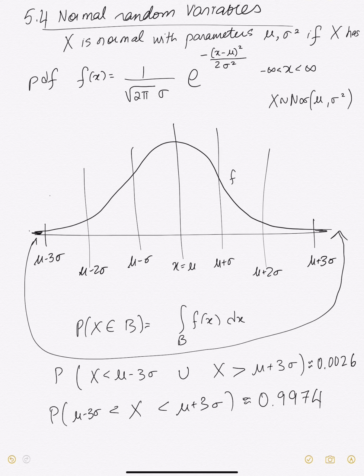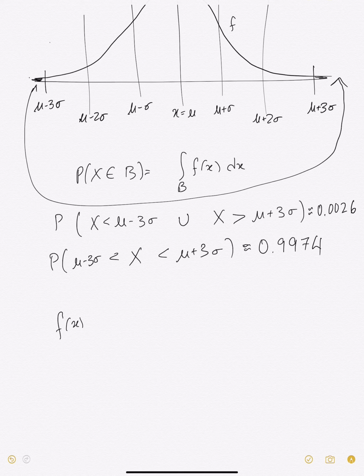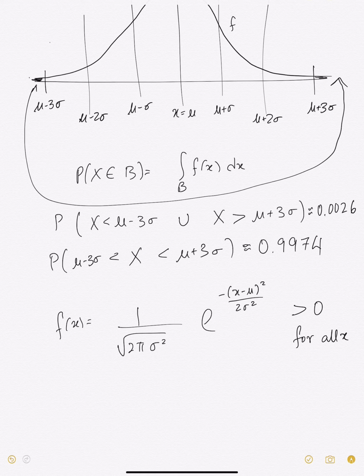So clearly this function f of x, 1 over the square root of 2 pi sigma squared times e to the minus (x minus mu) squared over 2 sigma squared, for the whole real line, is bigger than 0. The requirement is bigger than or equal to 0 for all x, so we write bigger than or equal to 0. So yes, it satisfies the first requirement for a probability density function.